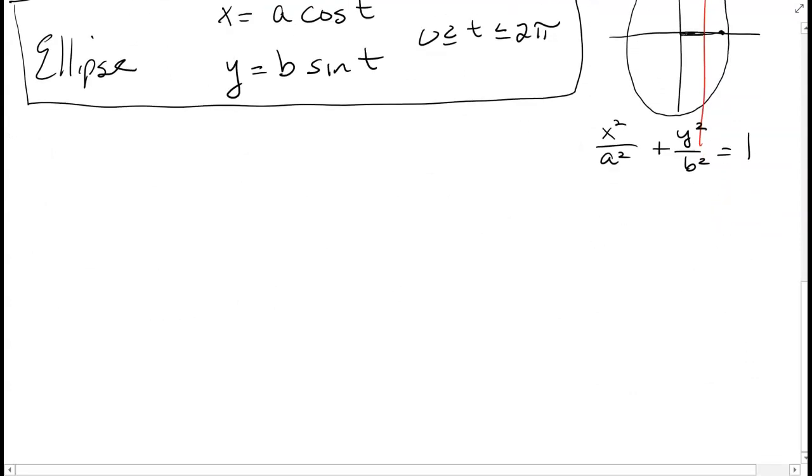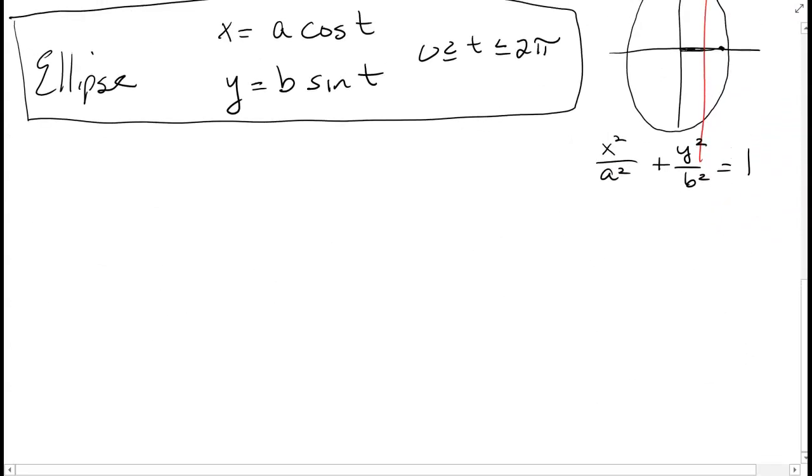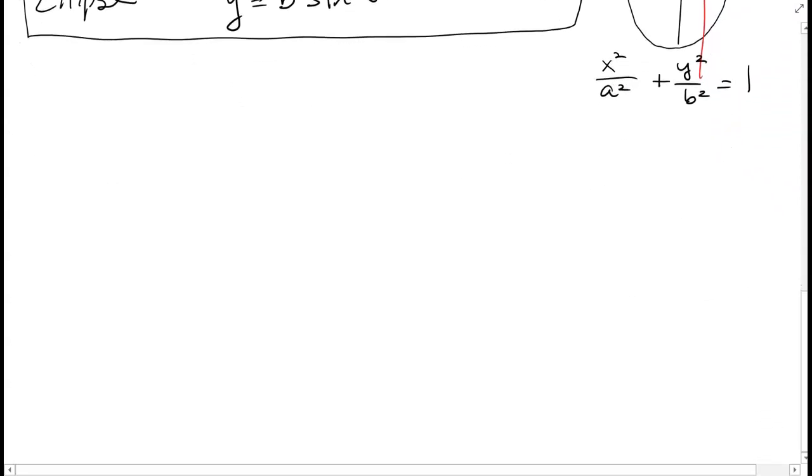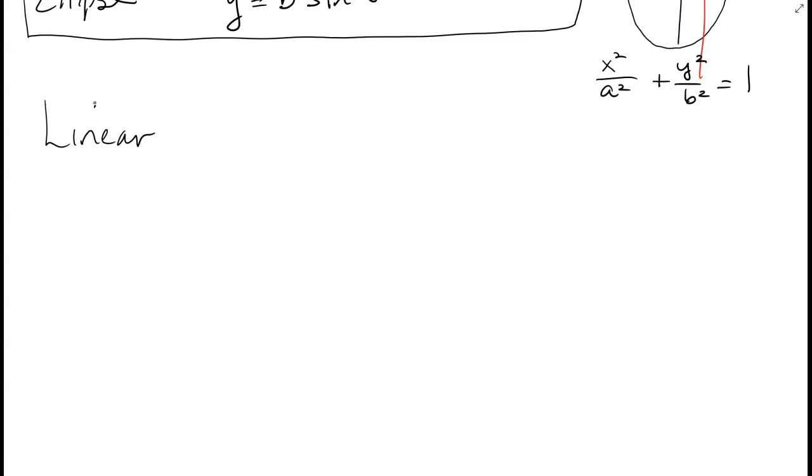Okay, so we'll come back to those, but let's now think, well, what about linear? So we can actually take a linear equation and represent it using two parametric equations.